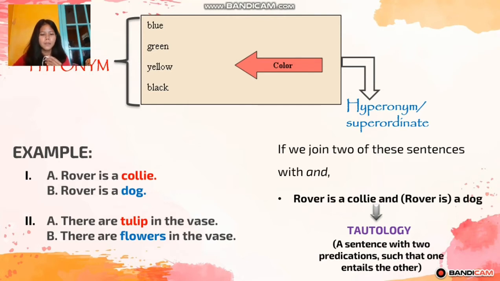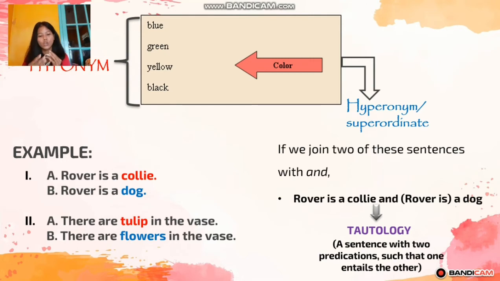Another example, sentences 1A and B. A: Rover is a collie. B: Rover is a dog. Sentences 2A and B. A: There are tulips in the vase. B: There are flowers in the vase. The relationship between the sentences is analogous.